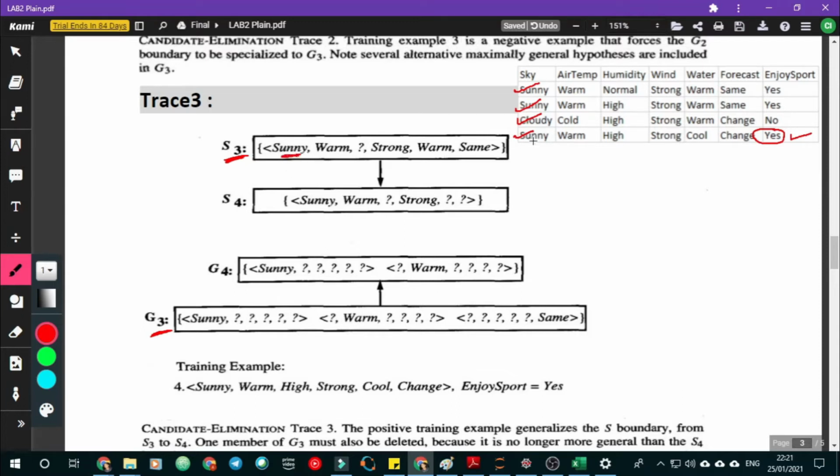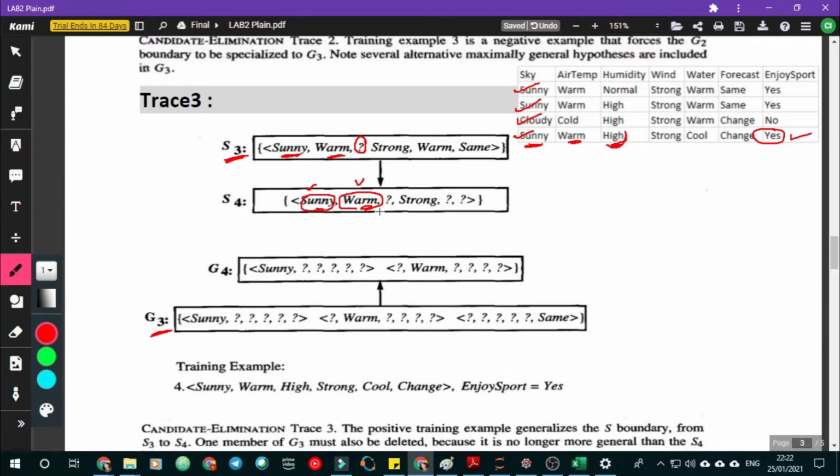Sunny is same as Sunny, then no need to change, okay. Warm is similar to warm, no need to change. Now question mark is different from high.